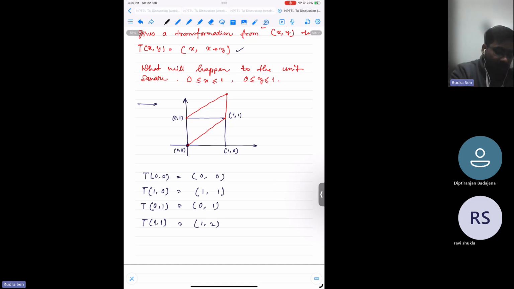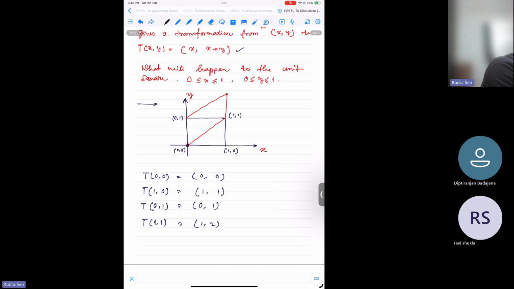This T basically takes the vector from R2 and maps it into R2, but in a shifted version. So this is how the transformation works. I hope it is clear to all of you.